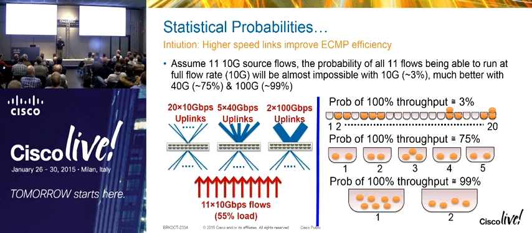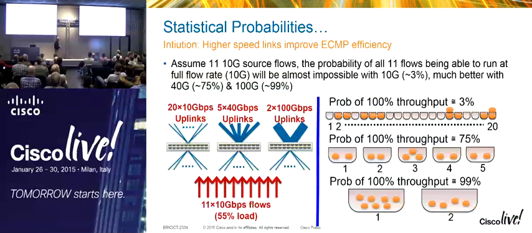Because of hashing, you'll get contention on certain ports, and they'll drop packets. So 3% of the time, you'll get all your data out that came into the switch. If you switch to 40 gig, 75% chance. 200 gig ports, guess what? 99%.